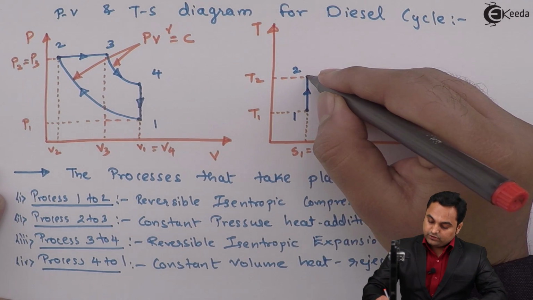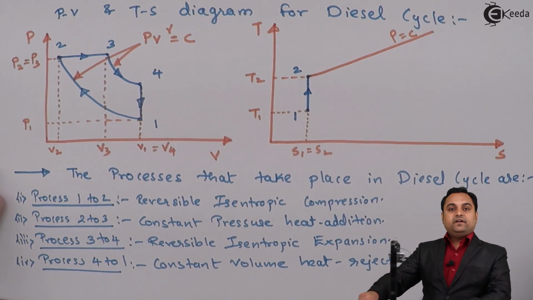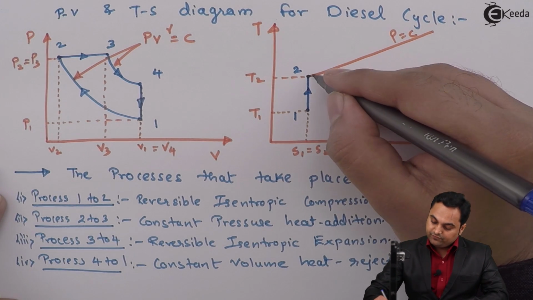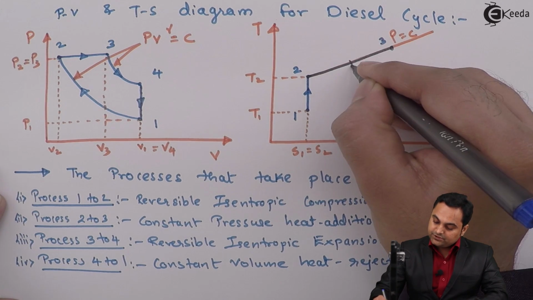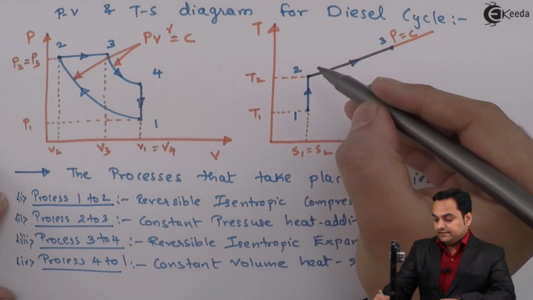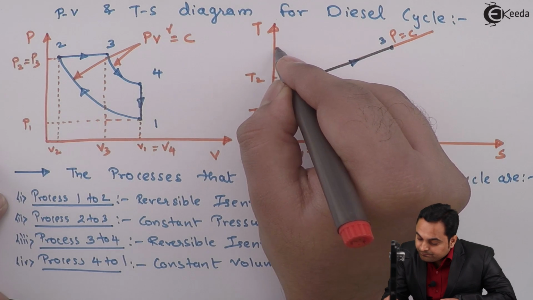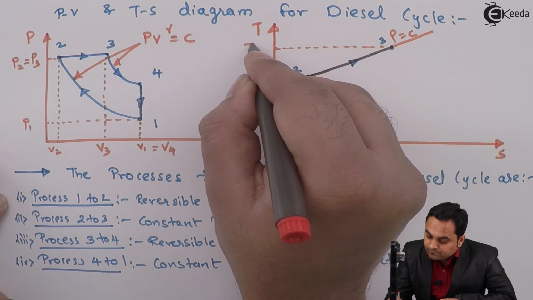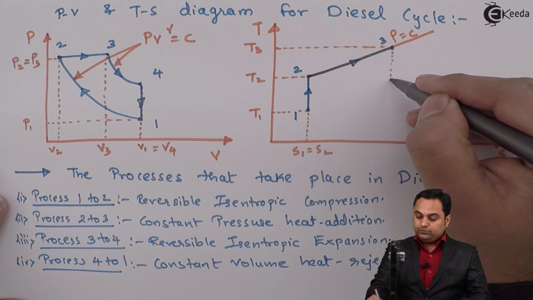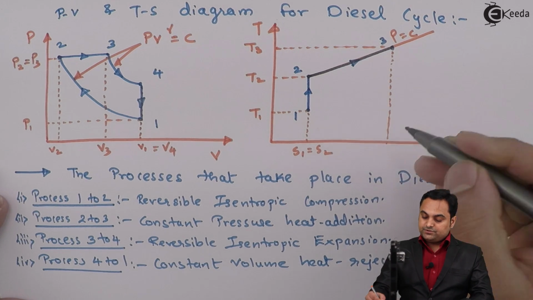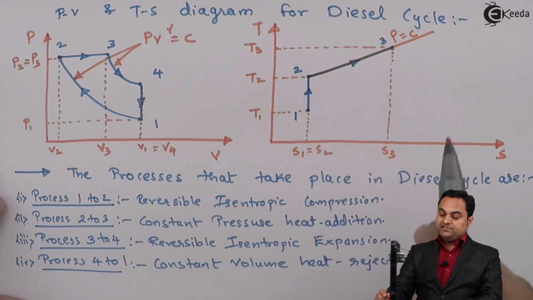For this, I will draw a constant pressure line, and when the heat is added at constant pressure, we'll start moving from point 2 to point 3 on this constant pressure line, reach up till point 3, and now we see that after the heat addition, the temperature rises from T2 up till T3. And there is even increase in entropy from point 2 to 3. So during the heat addition process, both temperature and entropy go on increasing as is shown by this line.